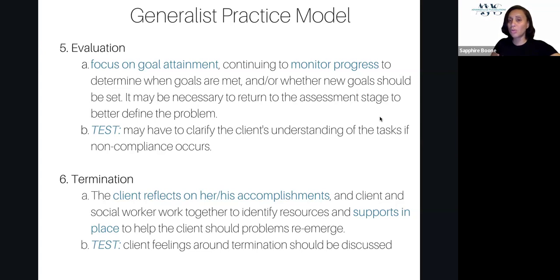Sometimes we make goals and tasks, but if they don't really understand what one has to do with another, then it may not be that they're non-compliant. They just don't understand the value of whatever you put on the paper for them to do, right? So you have to make sure to clarify their understanding.